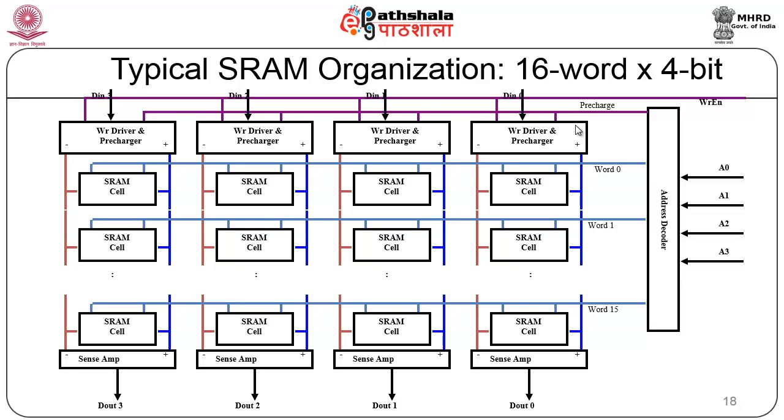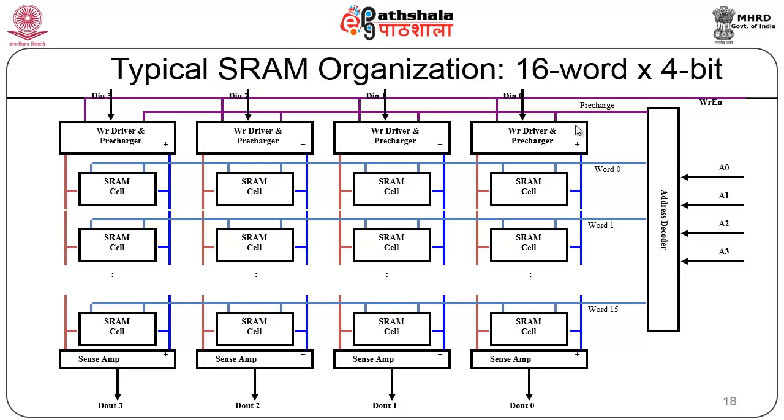Though the write enable is applied to all the cells here, you find that the word select signal distinguishes the word that is actually being addressed from the remaining words. Say if it is an address 0000, only word 0 gets selected, the other words do not get selected. So, the information transmitted on the data lines goes only to that particular word.